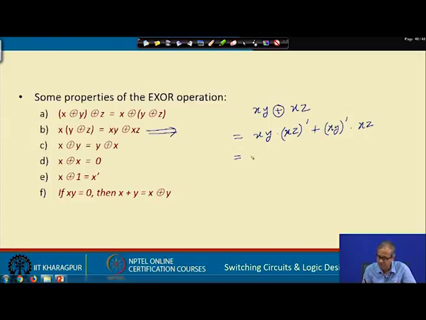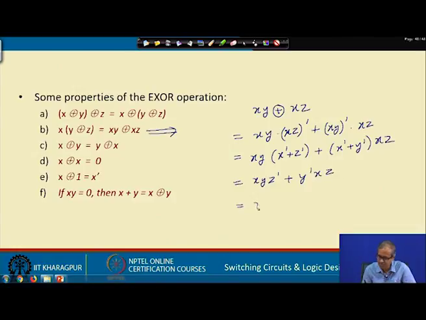So, if we apply De Morgan's law, x bar or y bar... and x bar or z bar... Now, if you multiply out, x x bar cuts out, x y z bar, and x bar x cuts out, and x y bar z.